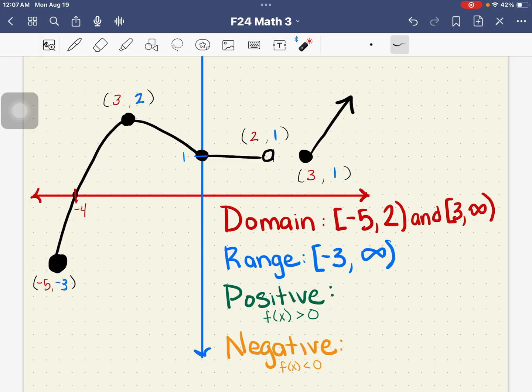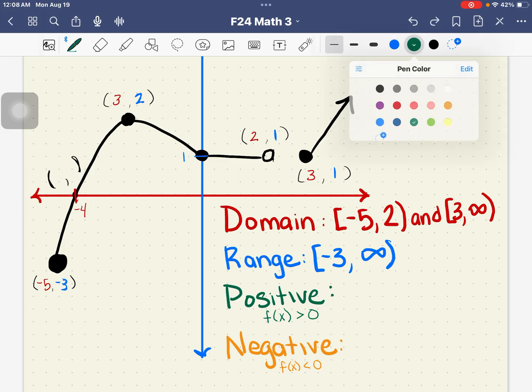Okay, so when we talk about this first piece, it starts right here. Remember, we had a pretty big conversation last week about that point. If we were to write the ordered pair for this point, our x-intercept, the x value is -4, but what is the y value at that point?